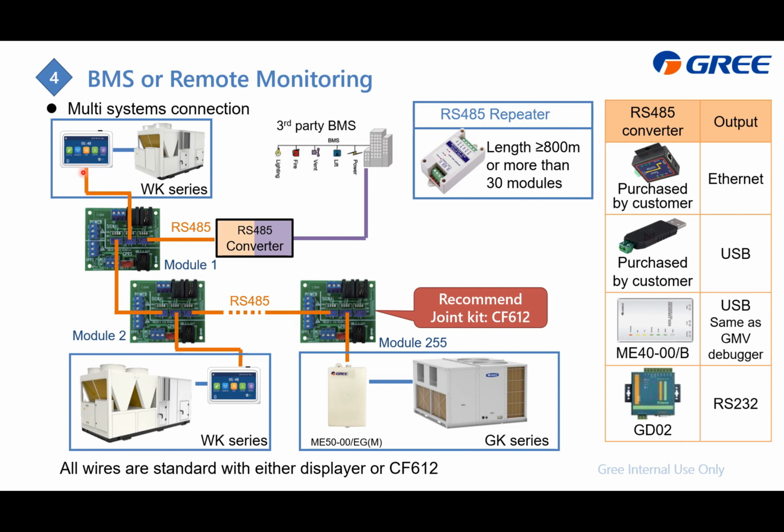Then you need to combine them together. And then as for the GK series, we need this device, this ME50, as an adapter to output the standard RS-485 signal. Then also connect to this CF612. Then after we combine them together, also through a RS-485 converter, then to the BNS system.